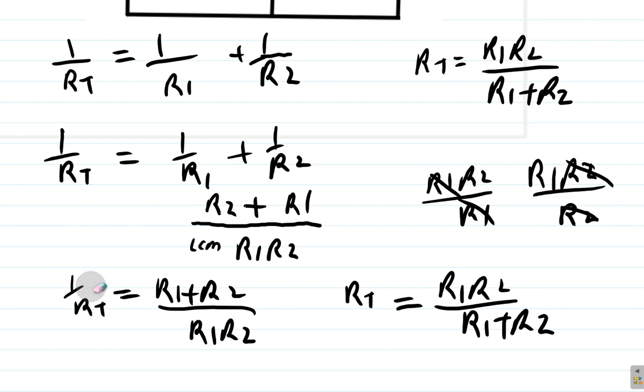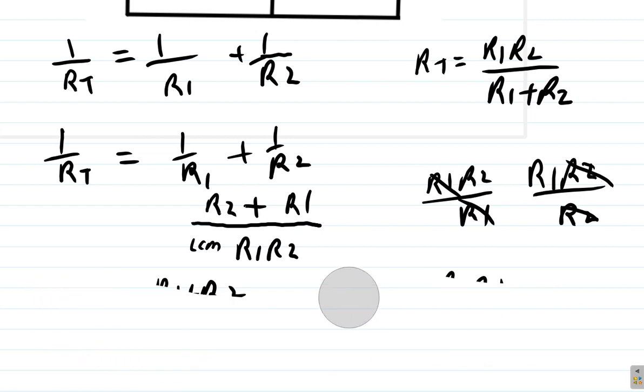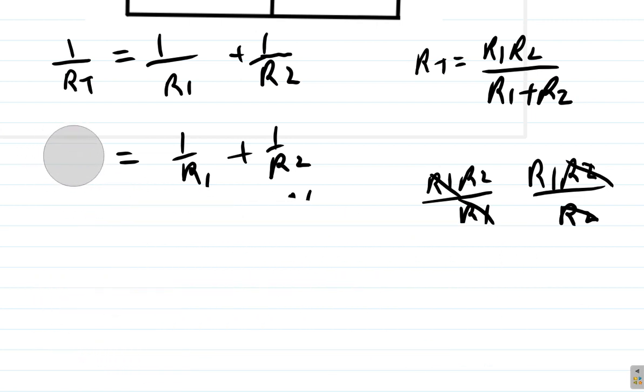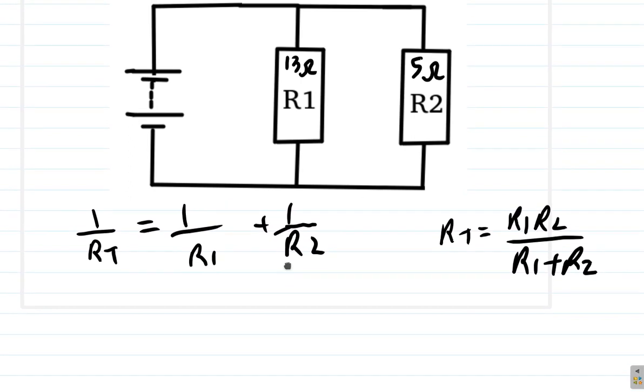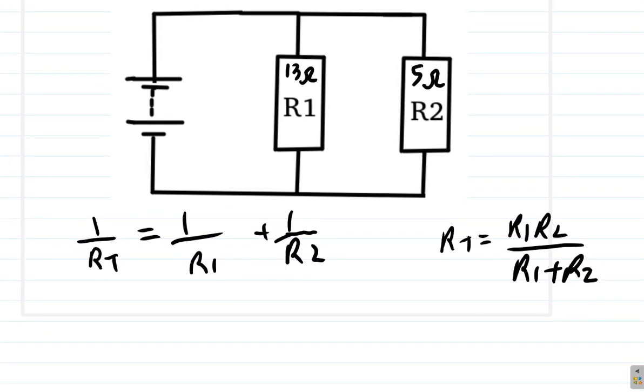Alright, that's just to remind us of the product over sum rule and where it comes from, if you're going to be using it. Now, let us look at the calculation. 1 over RT is equal to 1 over R1, which is 1 over 13, plus 1 over R2, which is 1 over 5.